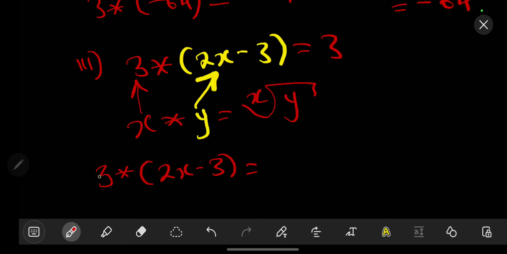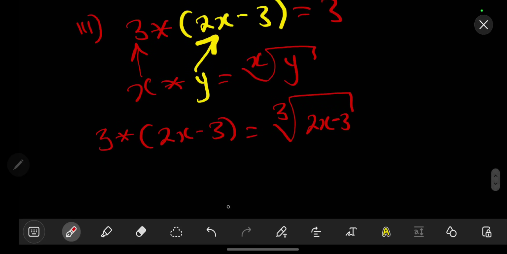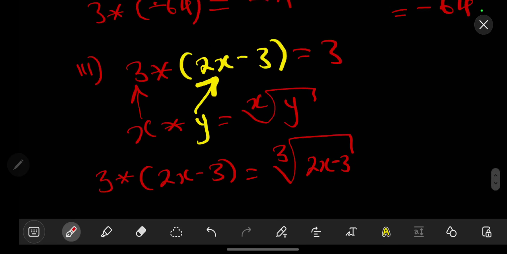we can put our 3 here, then we have the cube root of 2x - 3, since x is equal to 3. But we know that 3 star (2x - 3) is equal to 3. So wherever you see this part, put a 3.